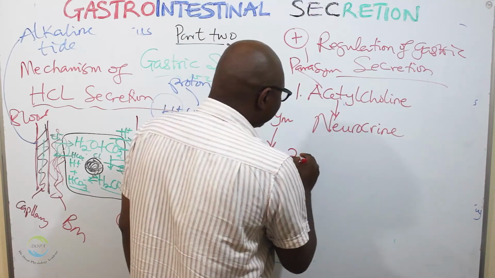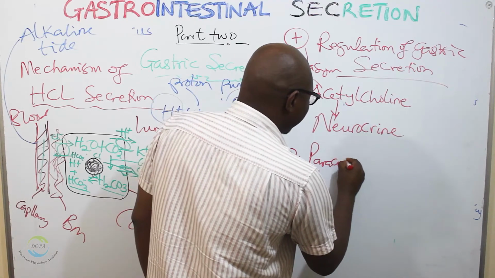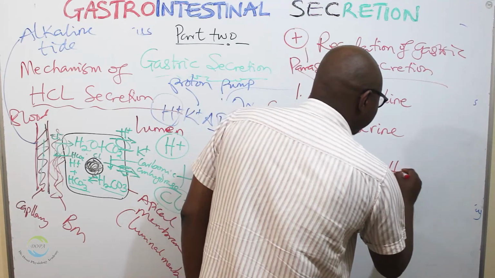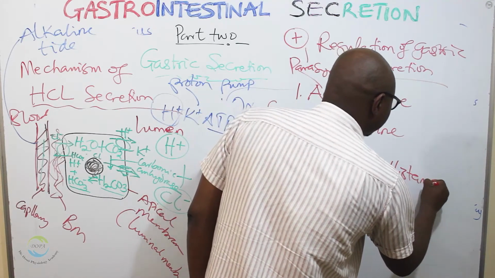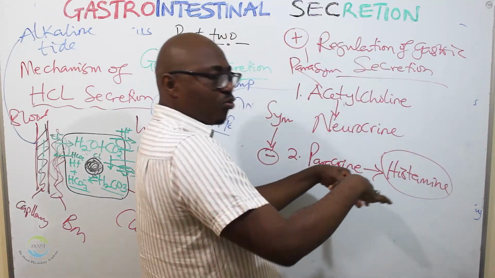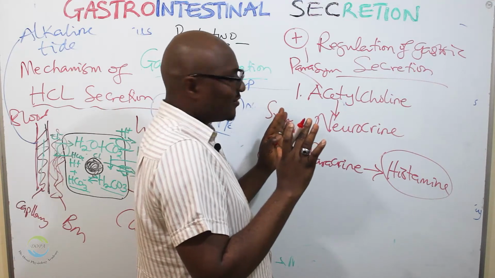Then you now have the paracrine mechanism, which secretes histamine. So the histamine also stimulates the parietal cells. Okay?